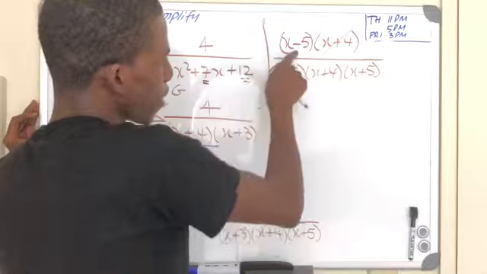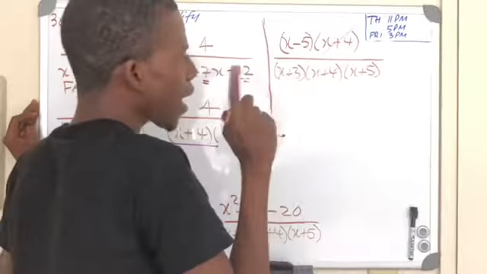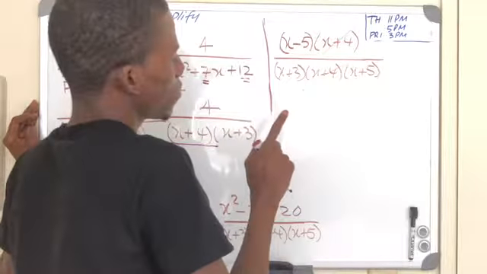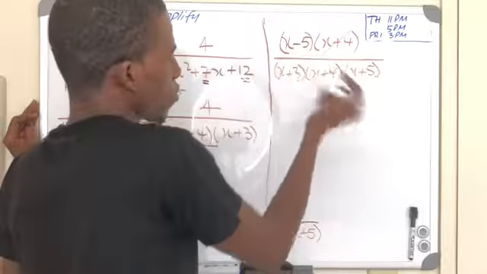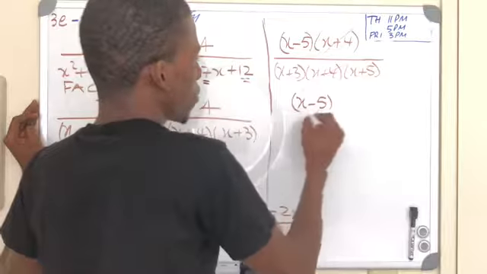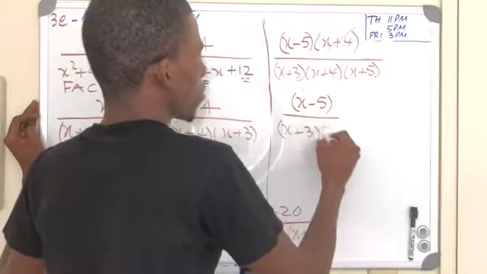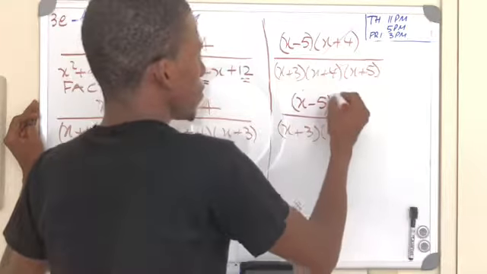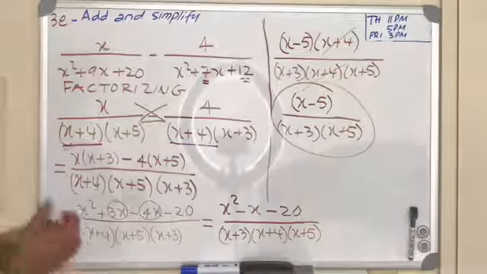But that x minus 5 and x plus 5, I cannot simplify, because one is plus and the other is minus. So I keep it as is: x minus 5 over x plus 3 times x plus 5.